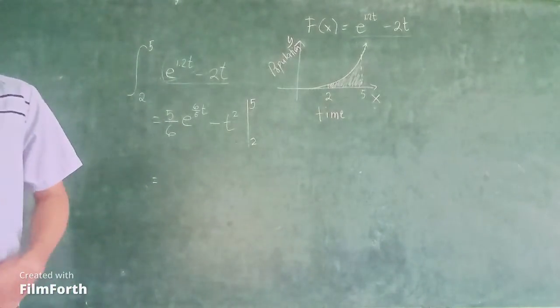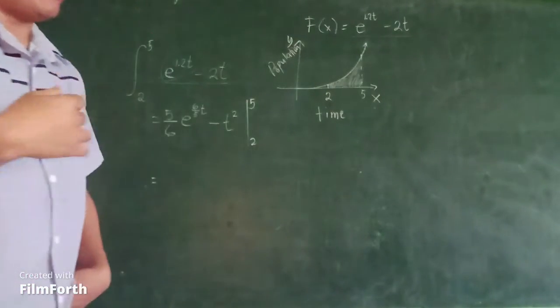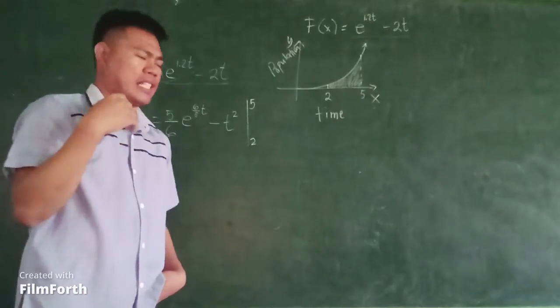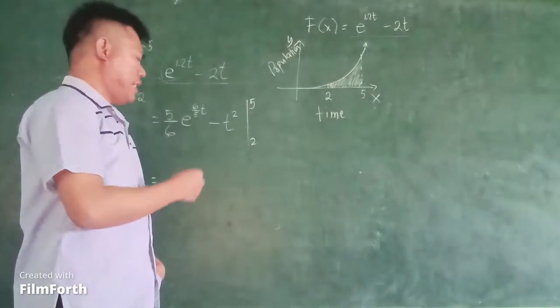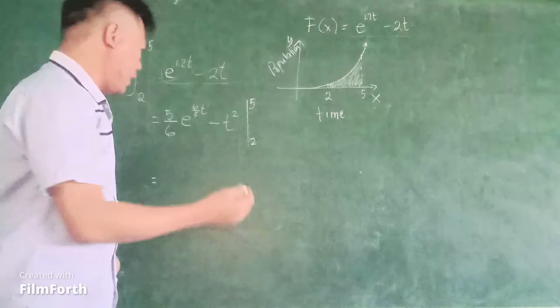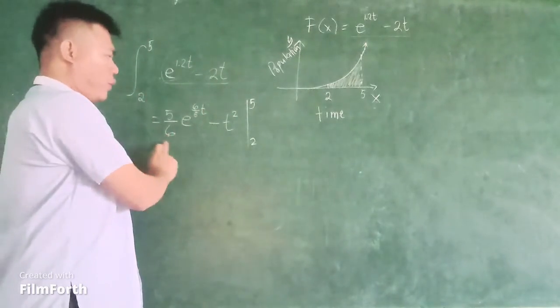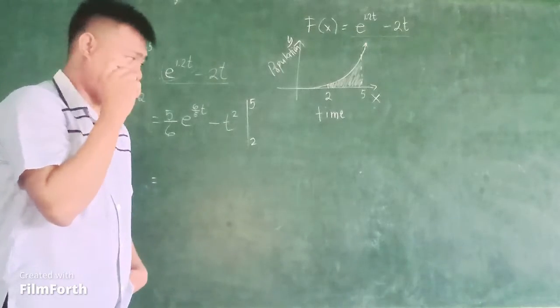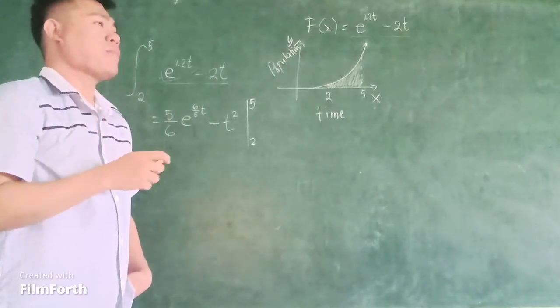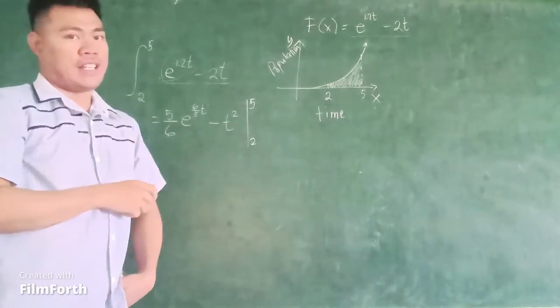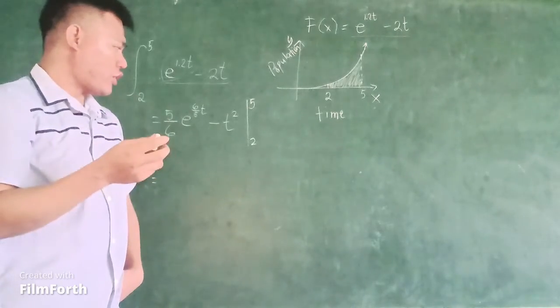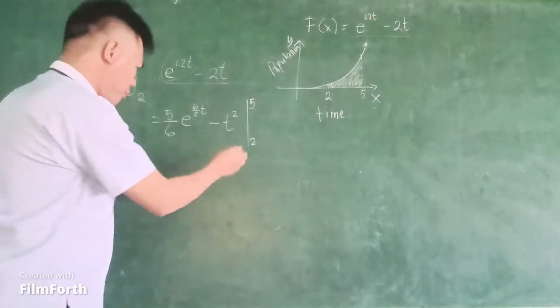Next thing is to solve. We are going to substitute the limits 5 and 2 into this expression. First we're going to substitute 5, then minus 2.